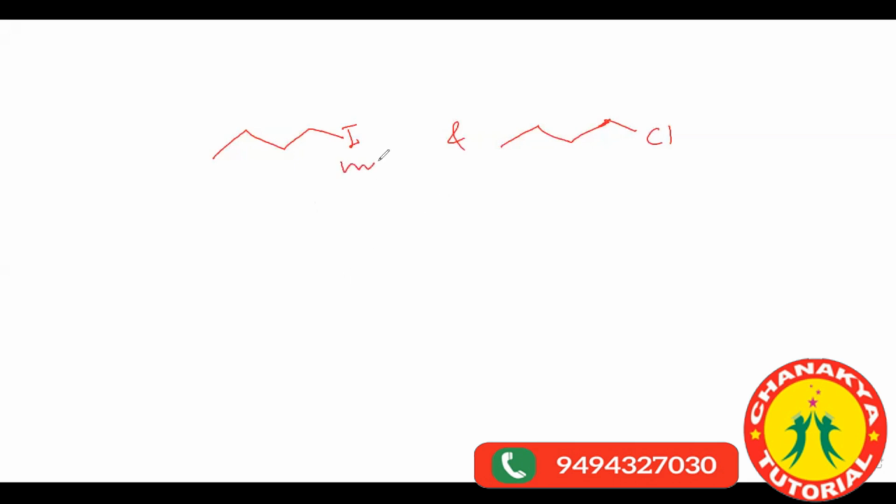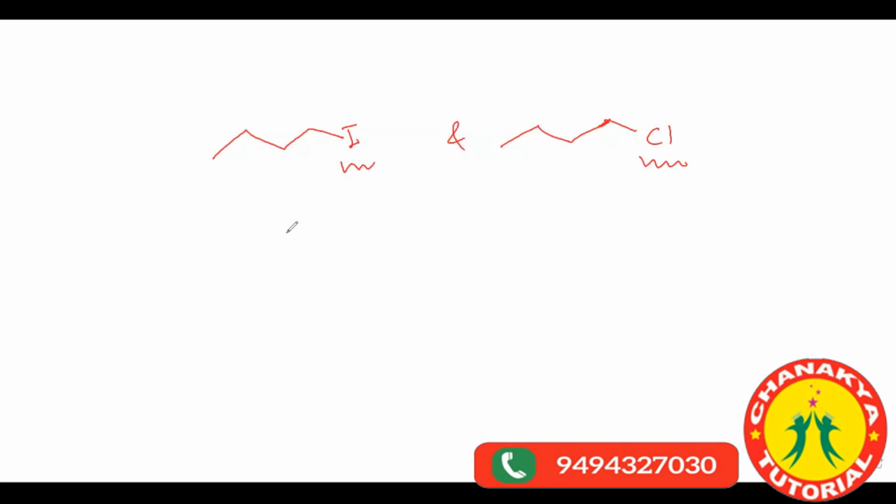The difference is only with the leaving group. Come on, tell me which one undergoes SN2 reaction faster. Don't think SN1, only think SN2, because both are primary alkyl halides, correct? Isn't it? Both are primary. Come on, think over it. Chandana, Aditi.